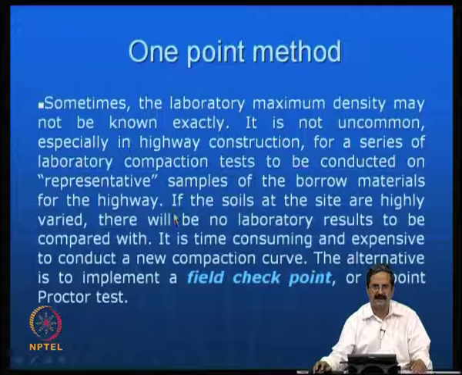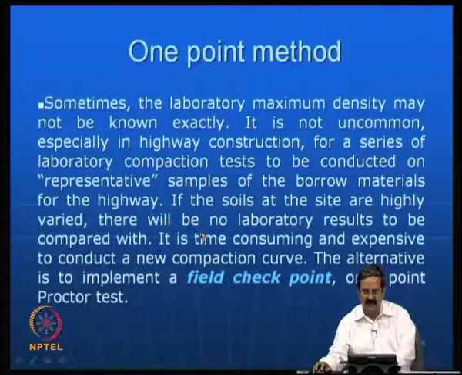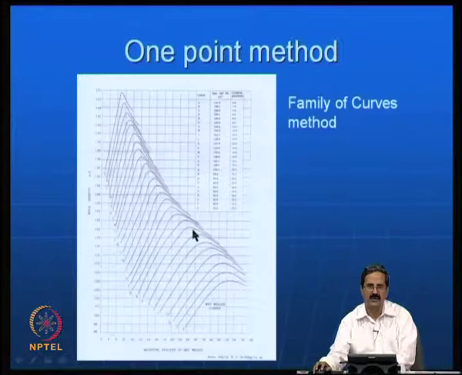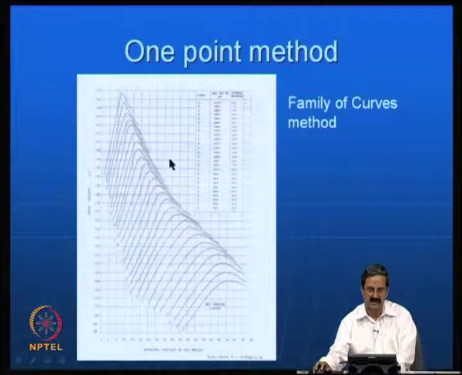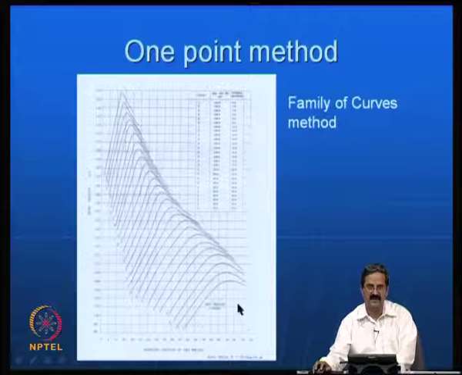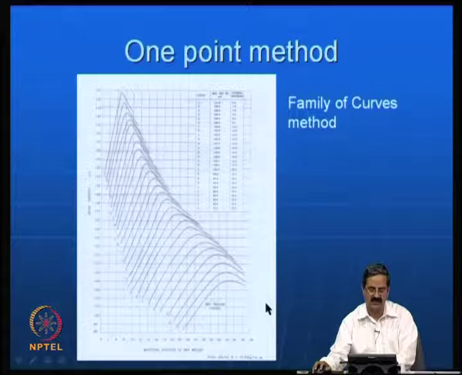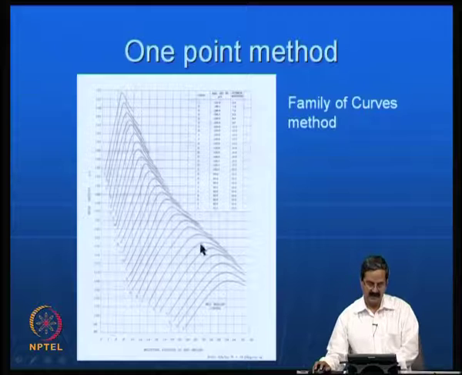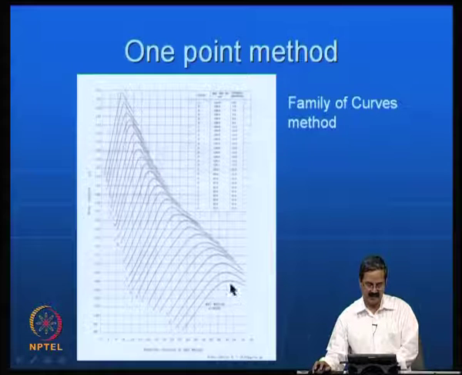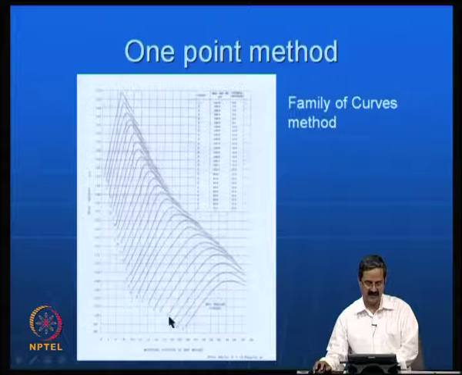Since the soils are highly varied and laboratory tests are also not easy to get, we use what is called the one point method, also called the field check point, and I will just show you that. This is given in the literature: depending on the type of soil, there are many curves, right from A, B, C, D to Z, about 26 curves.